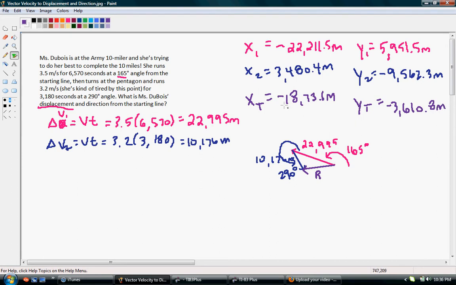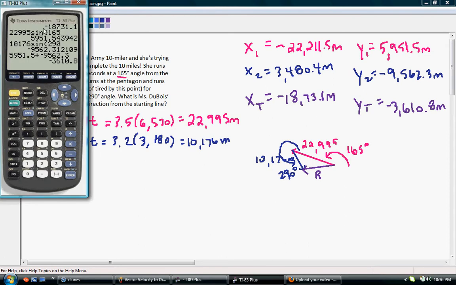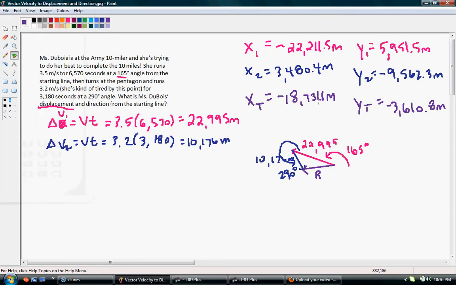So we know we went to the left 18,731.1 meters, and we also went down 3,610.8. This first one is our x component. We went to the left 18,000, and then we went down 3,000.